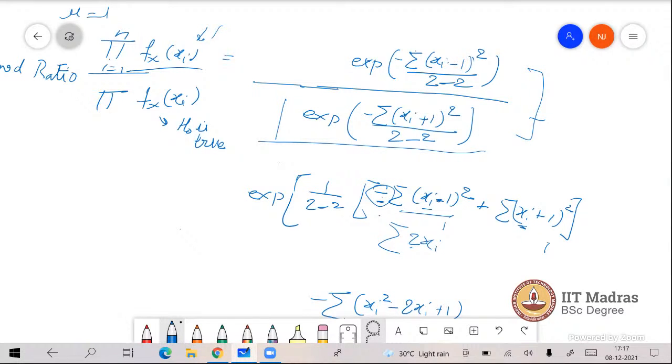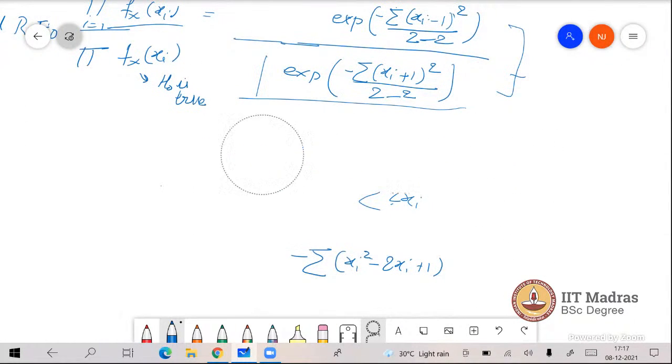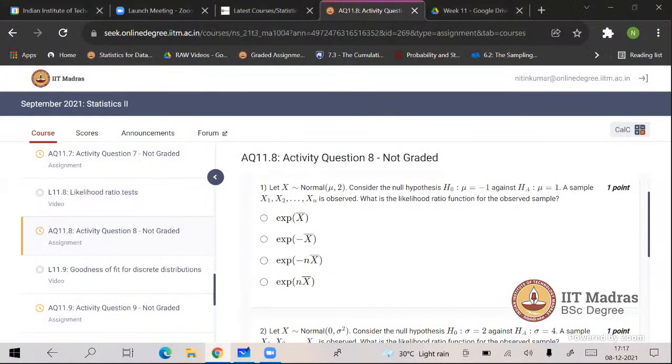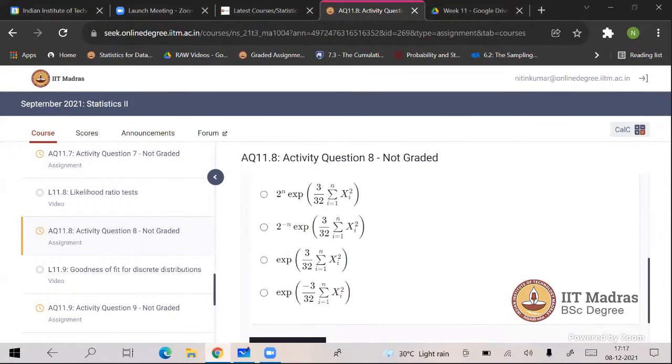Now it is clear. So you will get something like that, exponential x bar. We have to do the same in the second question as well.